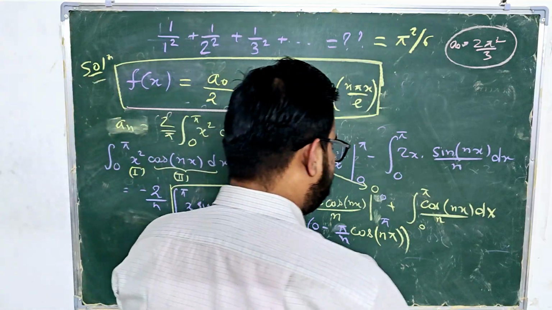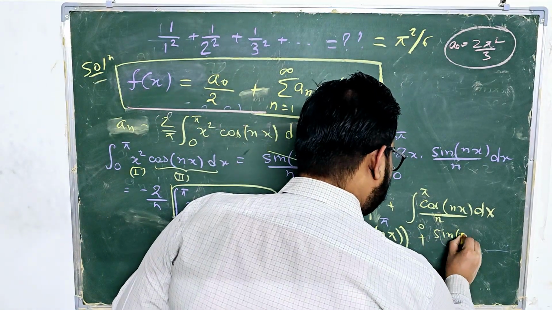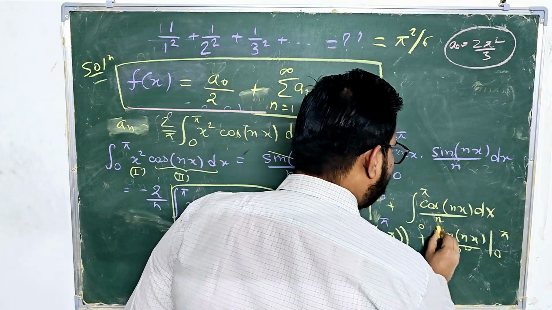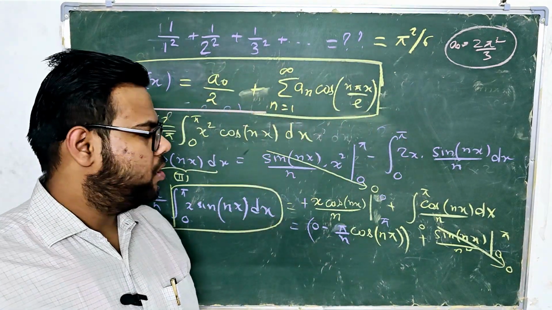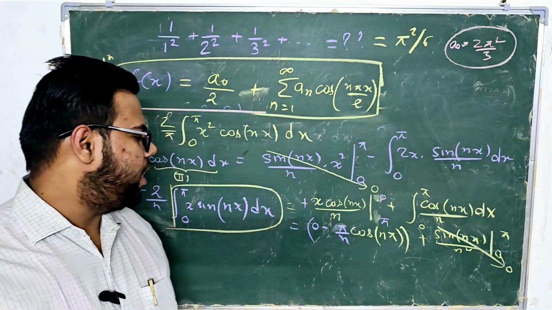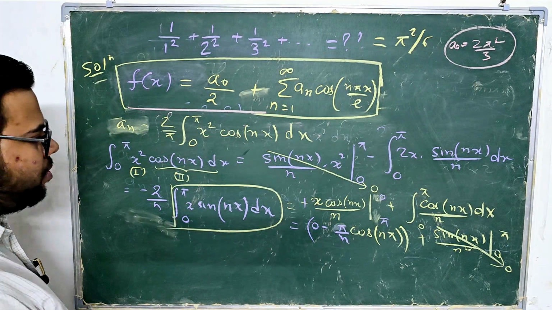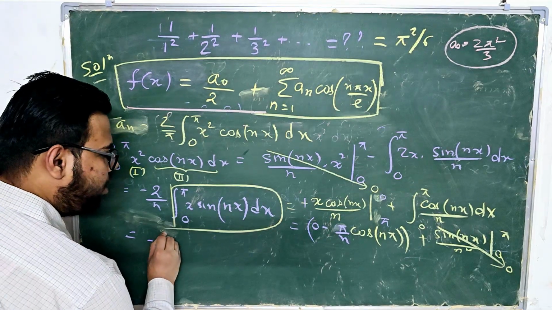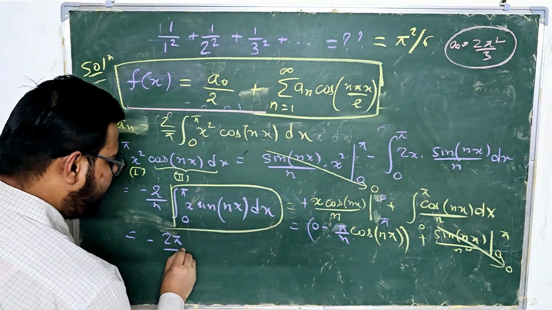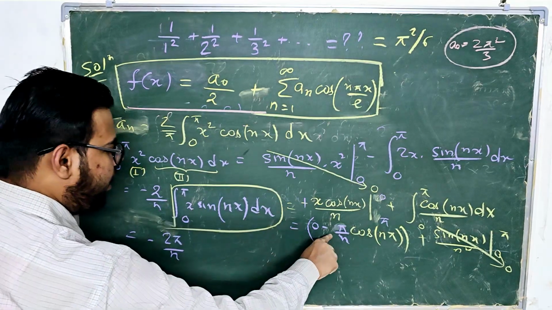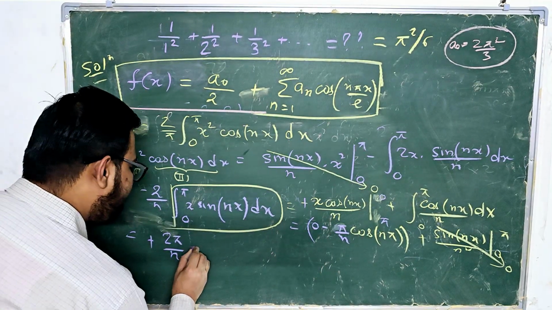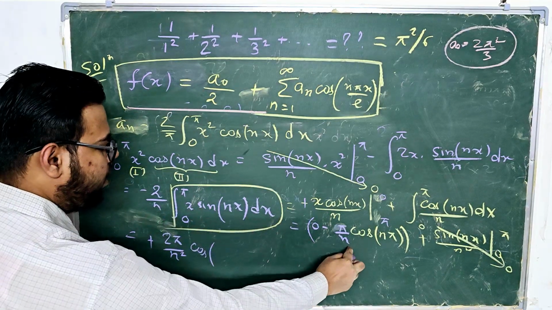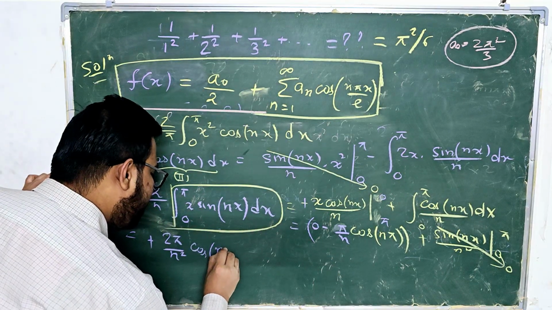This is equal to plus sin nx by n square evaluated from 0 to pi, and we had already proved that this is equal to 0. So this is 0, so we have just this expression. So you will get the final result as negative 2 pi by n, and negative will become positive, times cos n pi by n square, because n into n is n square.